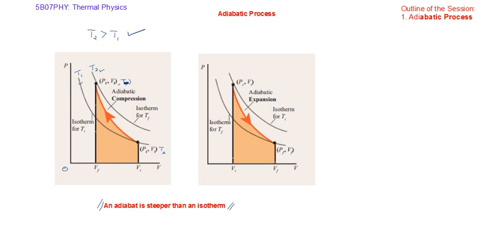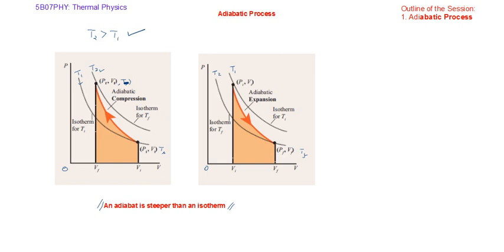And in the same way here, this is T2 and this one is T1, right? Now the process that is happening here is an adiabatic expansion. So this is the final temperature in this case. Now in the case of adiabatic expansion, the temperature should be lesser, and in this particular example, this isotherm is lying closer to the origin.